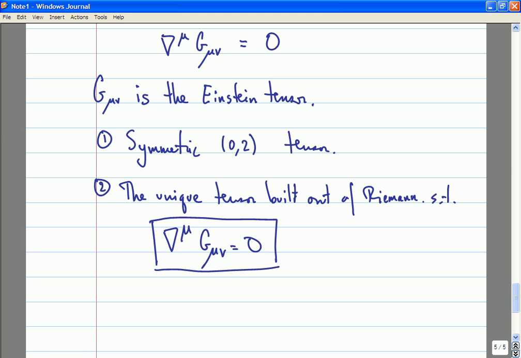So it's probably worth stepping back for just a minute and recapitulating what we've learned over the last few weeks. This completes everything that I need to say in this class about differential geometry. We've learned about manifolds, tensors, coordinate systems.